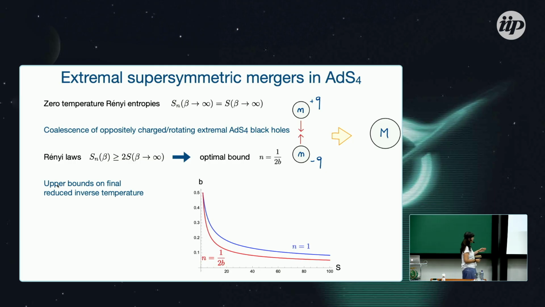This is essentially guaranteed by the monotonicity properties in n of Renyi entropies, so it's either one of the two. This is a plot of the upper bounds on the final reduced inverse temperature that we can obtain as a function of the entropy, again the second law and this optimal bound.